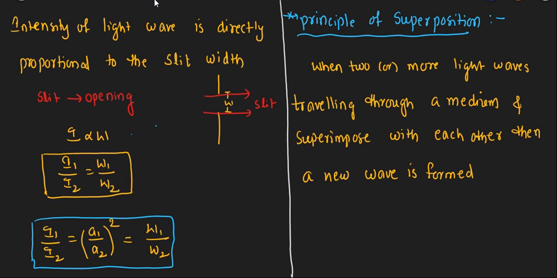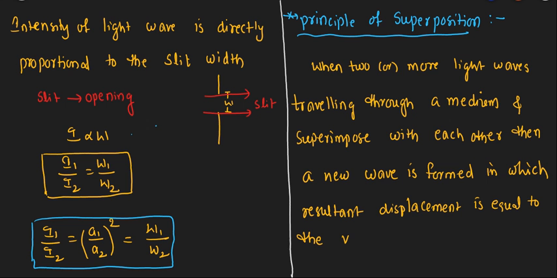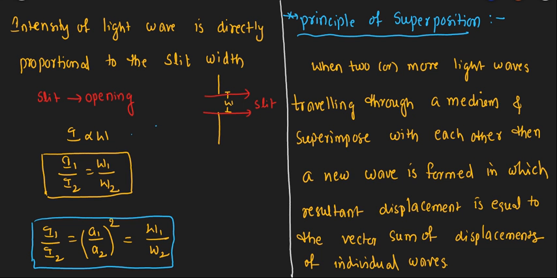A new wave forms, in which the resultant displacement is equal to the vector sum or the algebraic sum of the displacements of the individual waves. This is the statement of the principle of superposition.